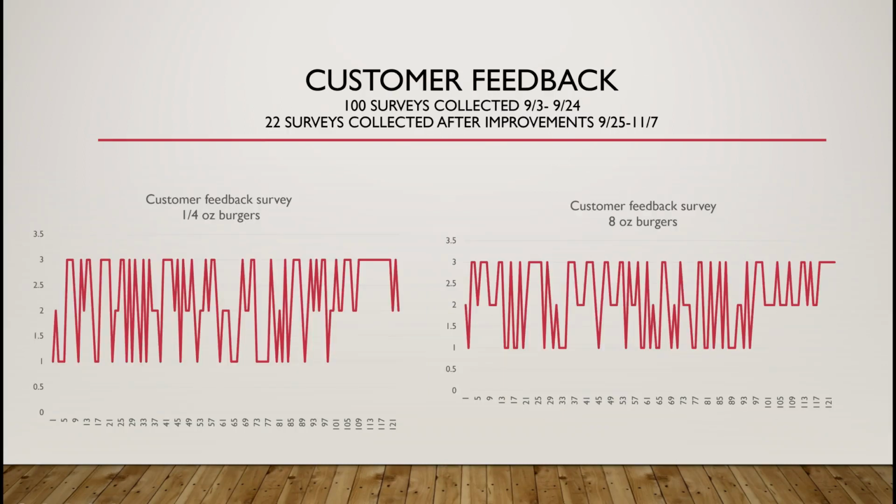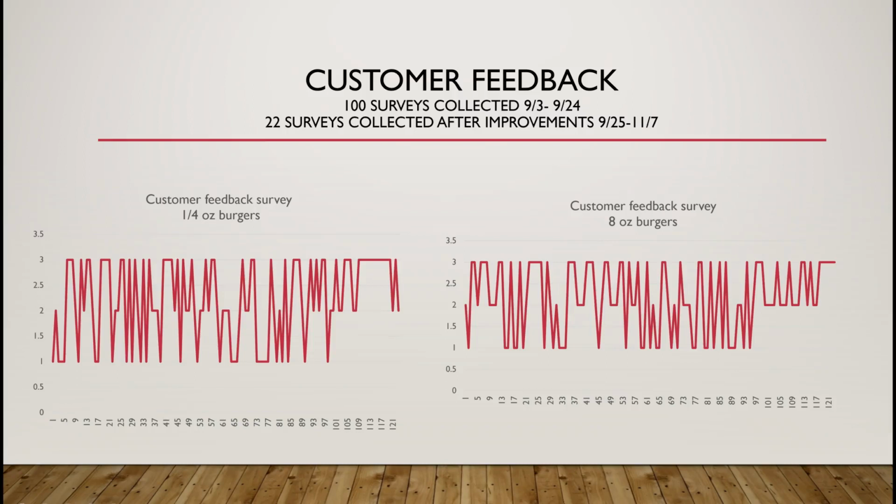So here we have a comparison of the customer feedback survey, for both the quarter-pound burgers and the 8-ounce burgers. If you'll notice, beginning around 100 surveys, it becomes closer to the range of 2 and 3. This is all the surveys that have been taken, which have been 121 surveys.